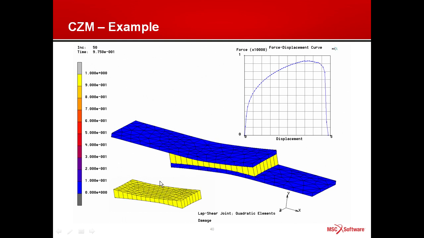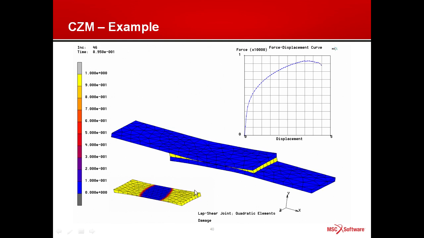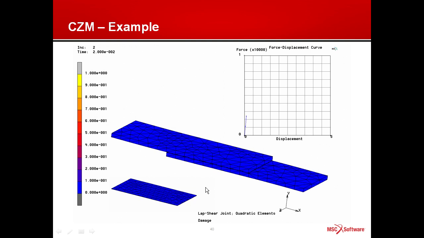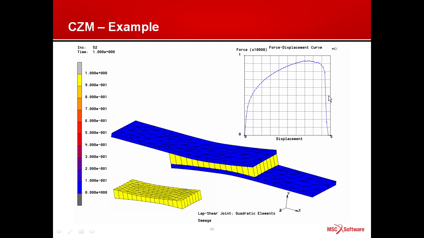When you see the color yellow, that means the cohesive zone element has completely failed. So here it goes. You can see yellow is progressing toward the middle until it totally fails the bonded interface. And let's look at the load deflection curve on the right. You can see here, as the structure is being loaded, it's going along linear and it's getting softer and softer and softer and finally fails.